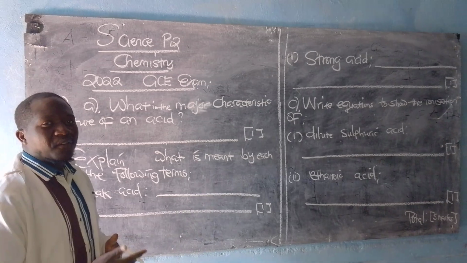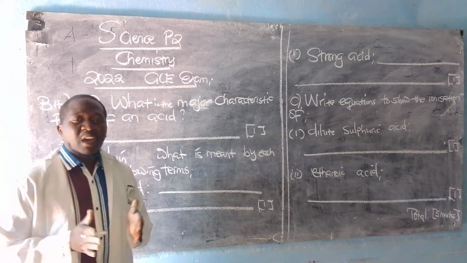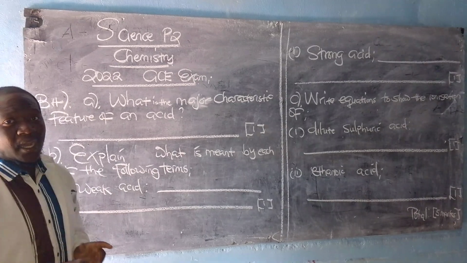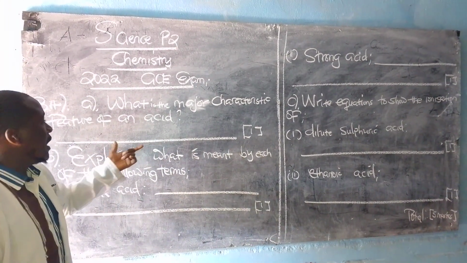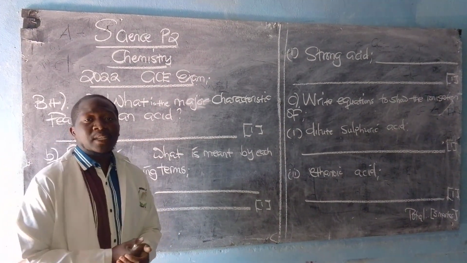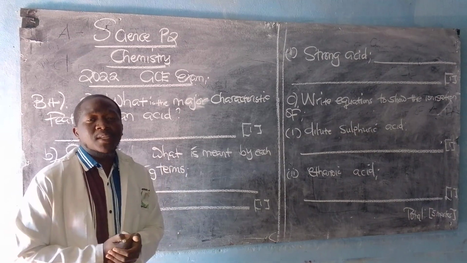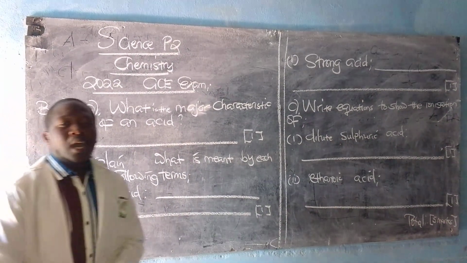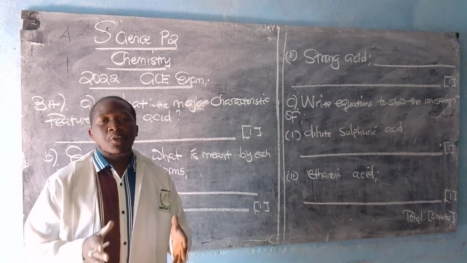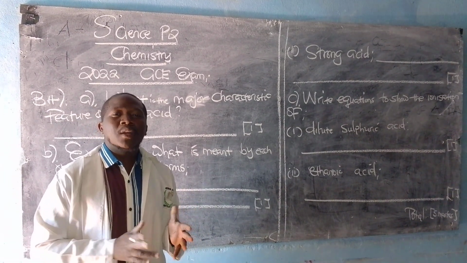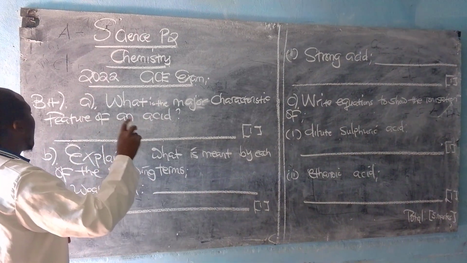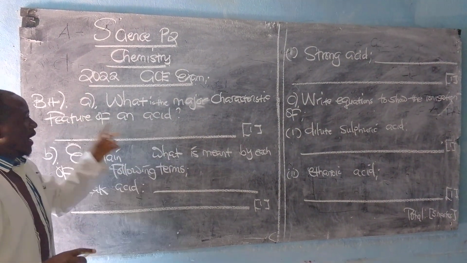On A, it says, what is the major characteristic feature of an acid? We cannot go any further to answer this question without understanding how to define an acid chemically. An acid can be defined as a substance which, when dissolved in water or aqueous solution, can produce hydrogen ion as the only positively charged ion. So what is the major characteristic feature of an acid?